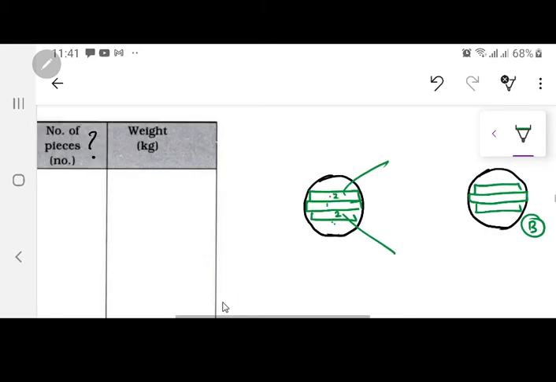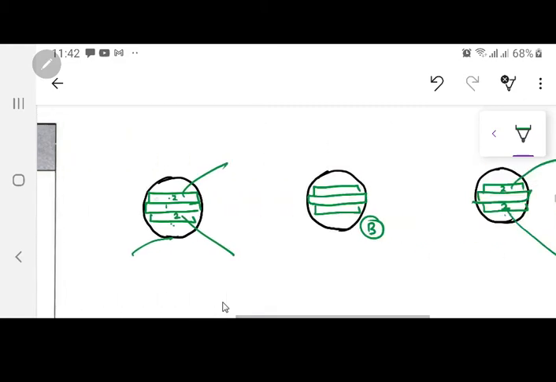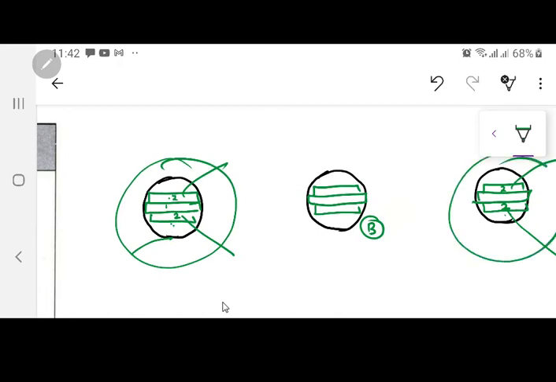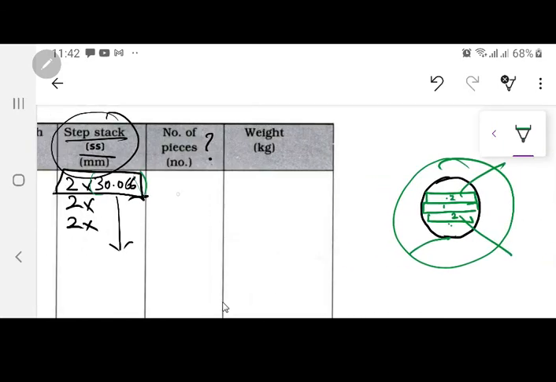So whatever number of pieces you get by multiplying 2 into 30.066, where 30.066 is for one limb. We multiply by 2 because you have this limb and this limb in consideration. When you divide it by 0.27, the number of pieces, when you round it off, should be a multiple of 4.